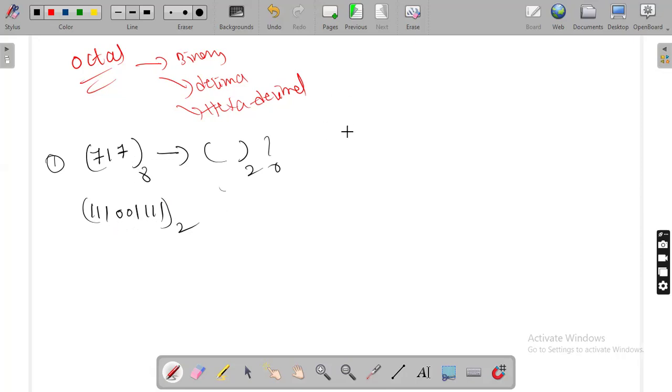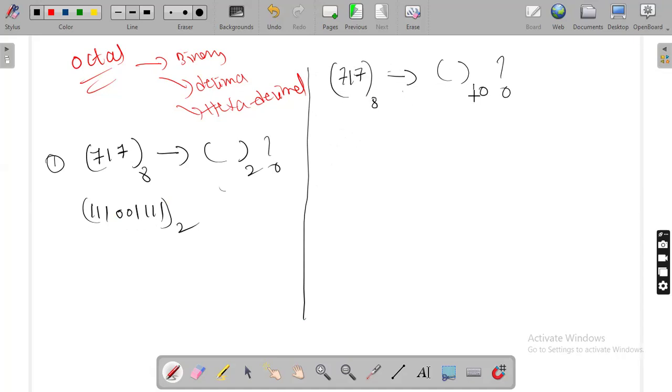Okay. Next, octal to decimal. Now the second one, octal to decimal. 717 is in which format now? Octal format. Now convert to decimal. Which style to which style?